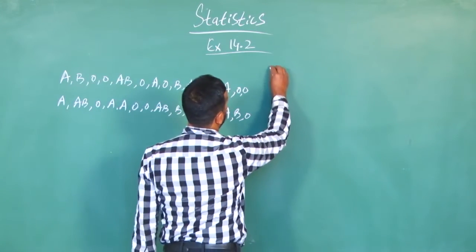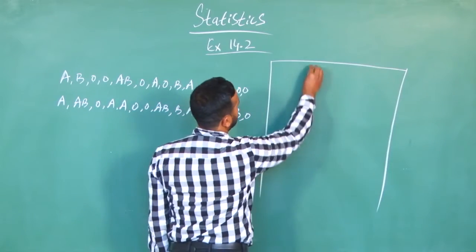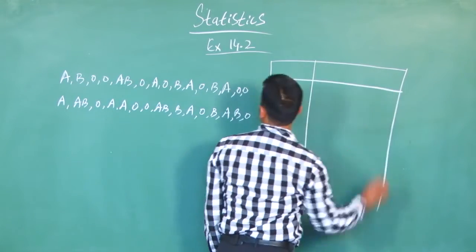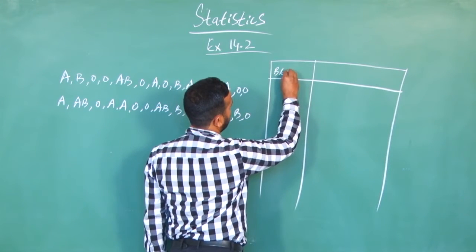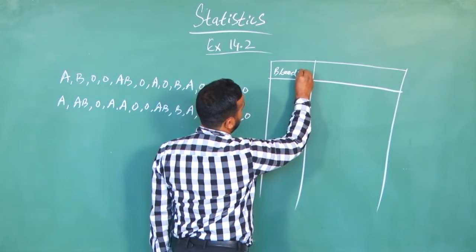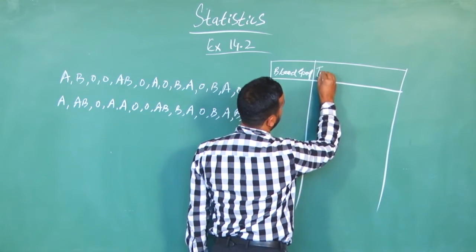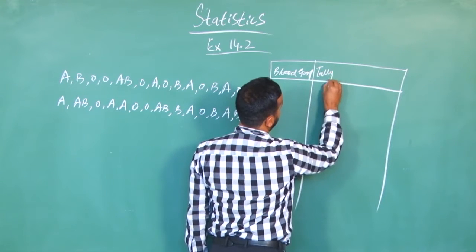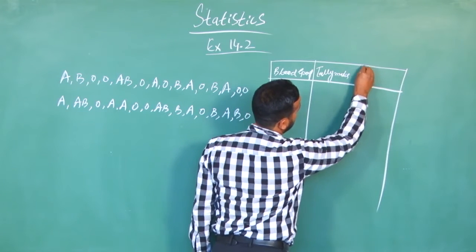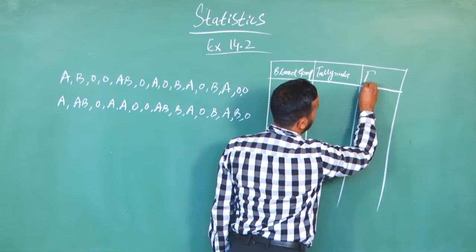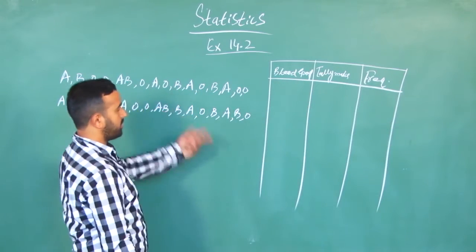Now let us make the frequency table of this data. In the first column we have the variable under study, that is blood group. Then in the second column we have to draw tally marks. And in the third column we will have frequency, that is the number of times a particular blood group is repeated.